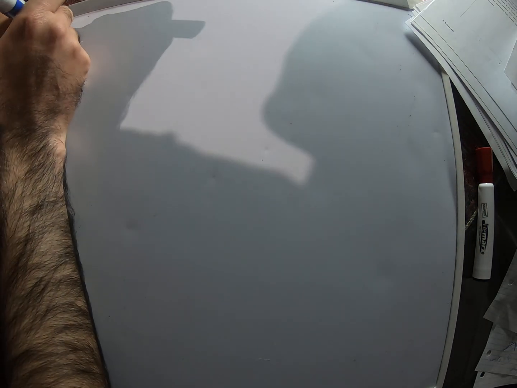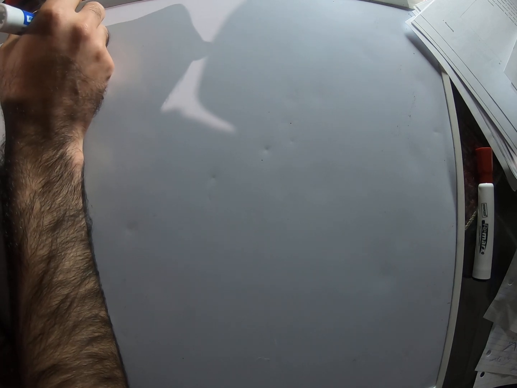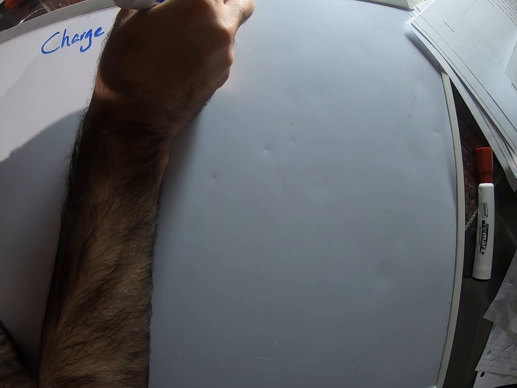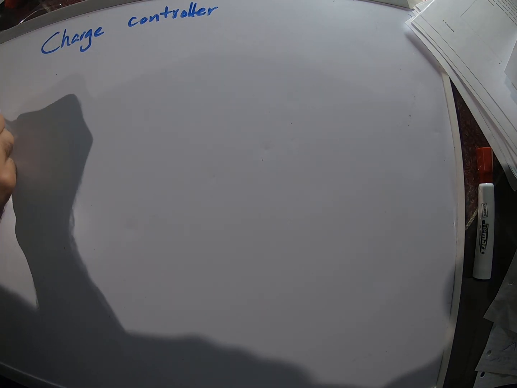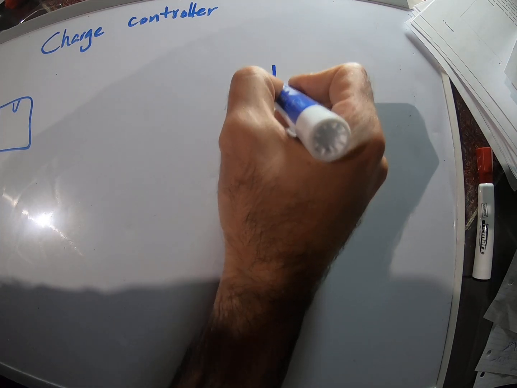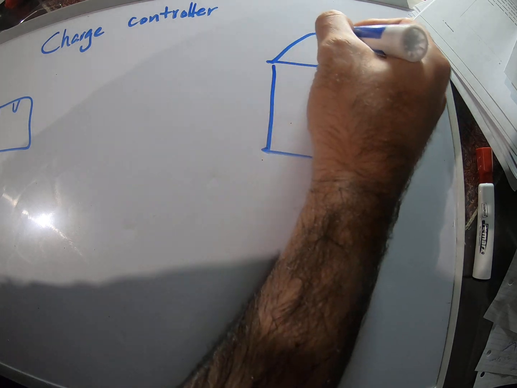Now, how do we implement this? That's the main part, and that's where power electronics comes to our help. So first of all, let me talk about another thing called a charge controller. Let's assume that we have a solar panel, right? And we want to supply a load, which is a house.